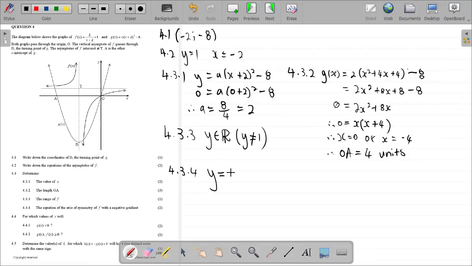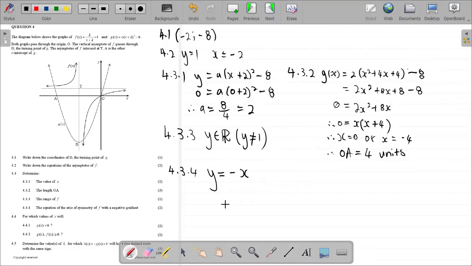So you say y equals to negative x. Now with a negative gradient, it means it should be negative here. Then we're going to use the information that we have in the question.